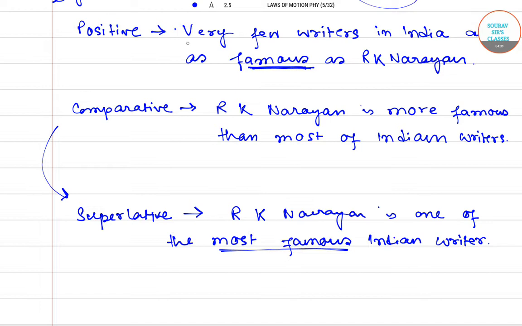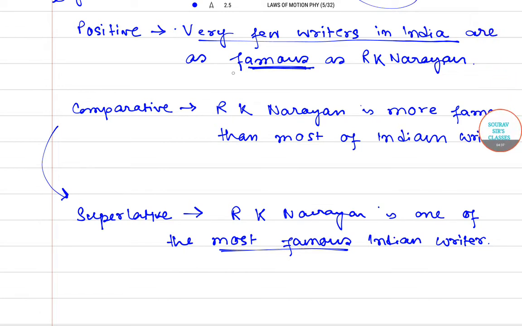So here the positive sentence was: very few writers in India are as famous as R.K. Narayan. The word was famous, which we have to make comparative or superlative.